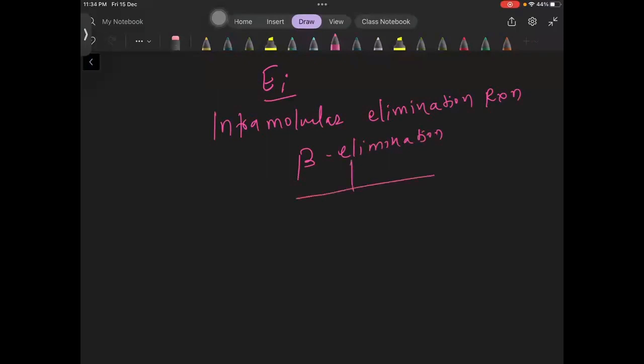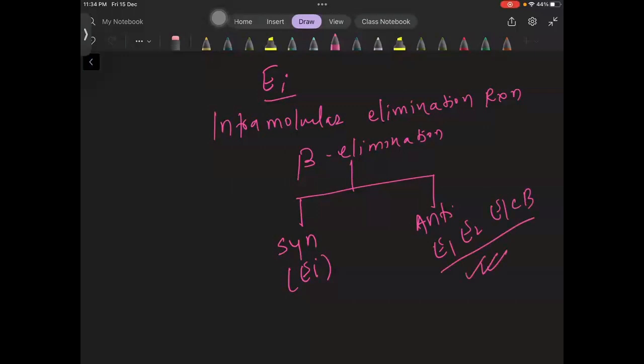As you remember, beta elimination is a 1,2-elimination. One is syn elimination, which is called Ei, and the second is anti-elimination, which may be E1, E2, E1cB, which will be the Saytzeff and Hofmann. So we are going to understand the syn eliminations, Ei eliminations, right?